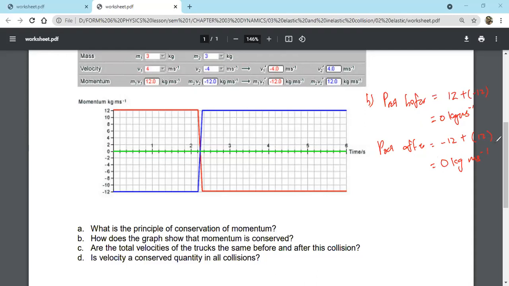So the graph shows that the total momentum before the collision and the total momentum after the collision are equal.